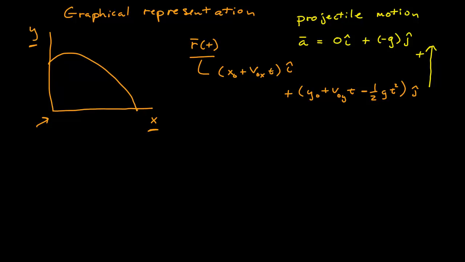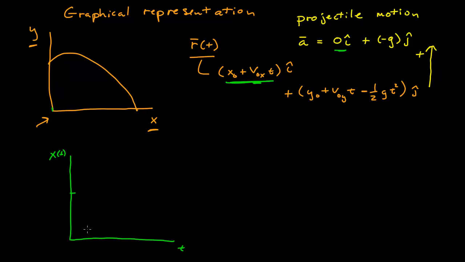So you can also graph, like we did before, x as a function of time. And here, if we say the velocity of x as a function of time, in this case, it has some initial velocity and it stays constant because there's no acceleration in the x direction. So x as a function of time looks like this.